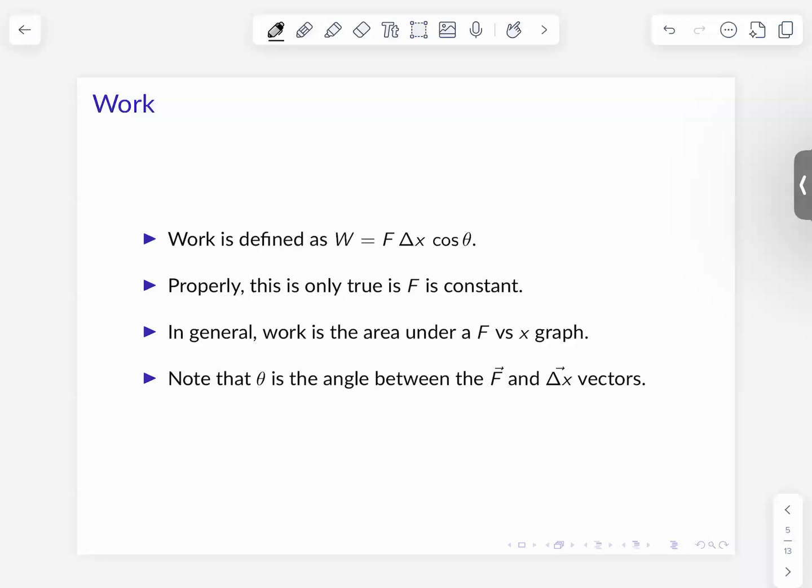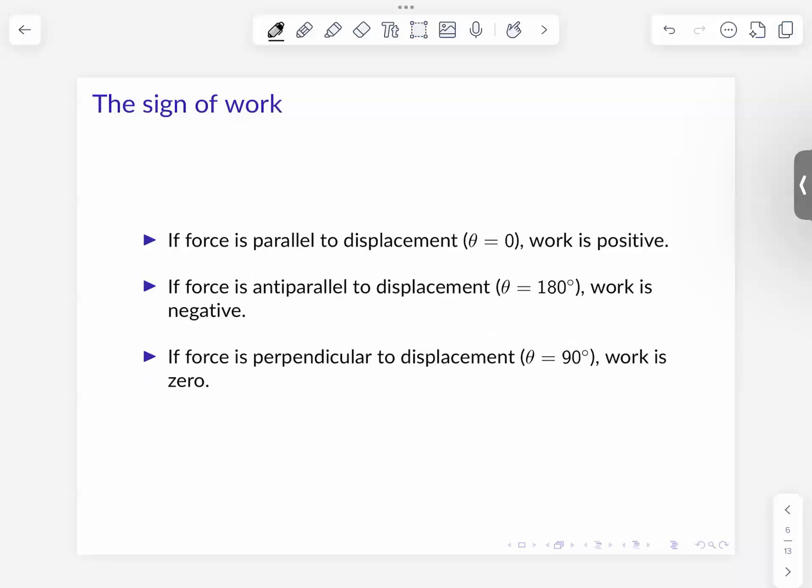The last point is perhaps the most subtle. What is theta? Theta is the angle between force and displacement. I'm cutting this trig down to its bare bones in this class. You only need to know the cosine of 3 angles, and there's a way to cheat and get around it. First, here are the 3 angles.